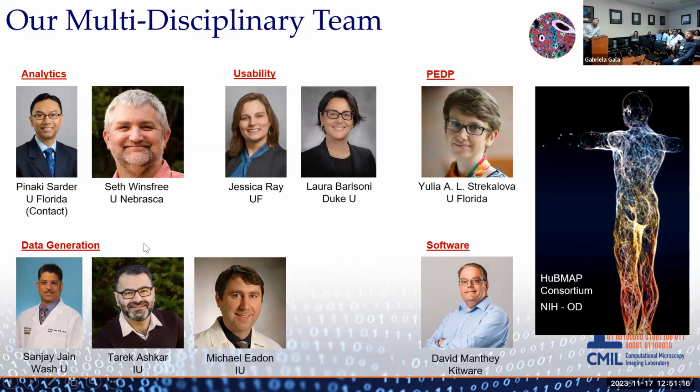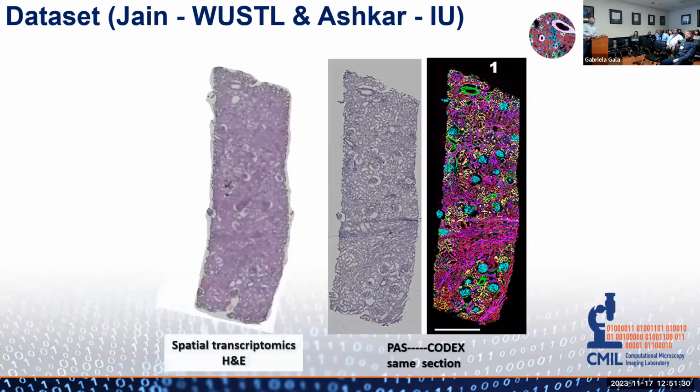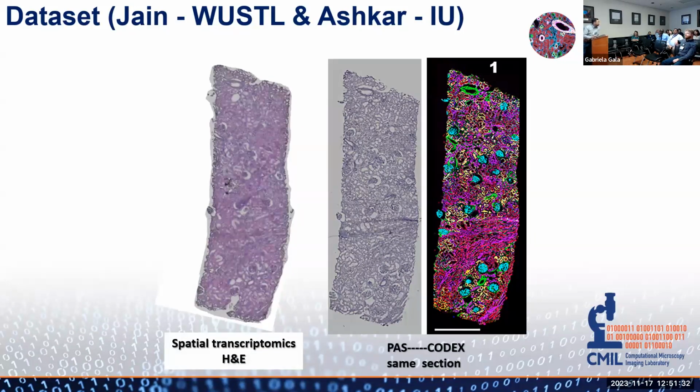We have a data generation group. PDP means teaching undergrads, bringing the underrepresented community to this area. And we also have a software team. The data generation group gives us high-end data, like same-section histology and CODEX data.